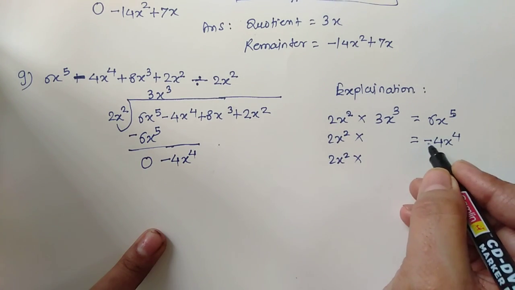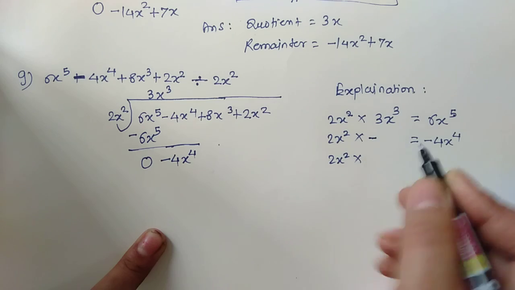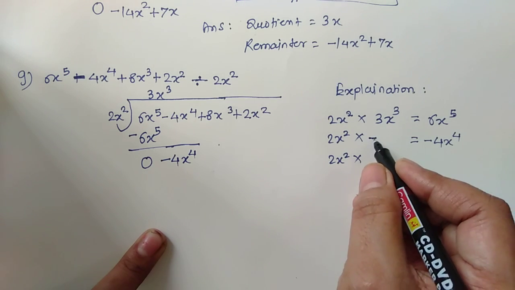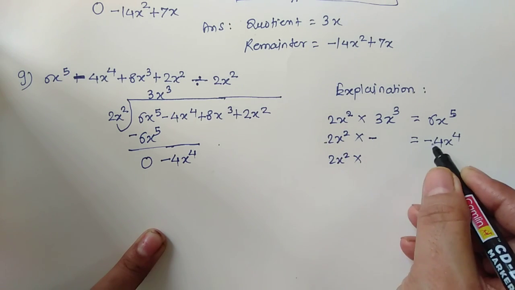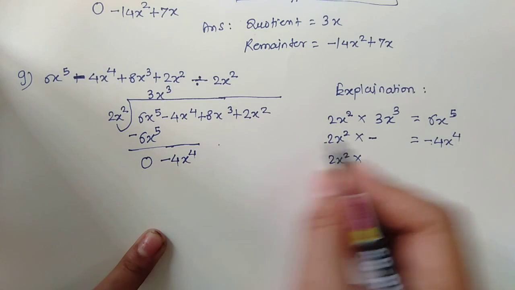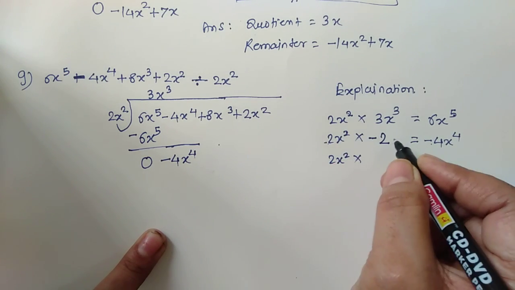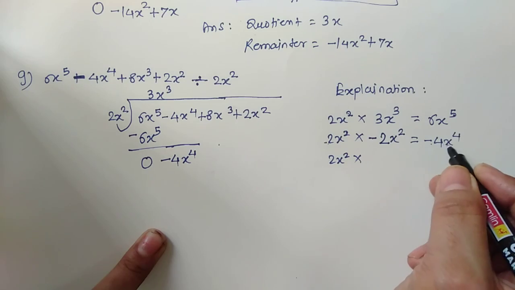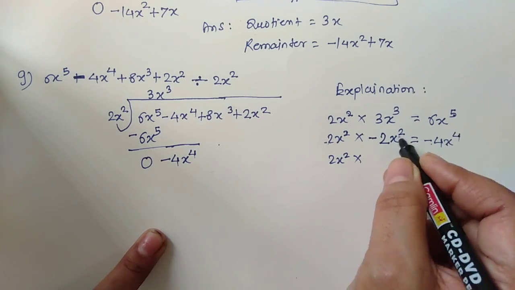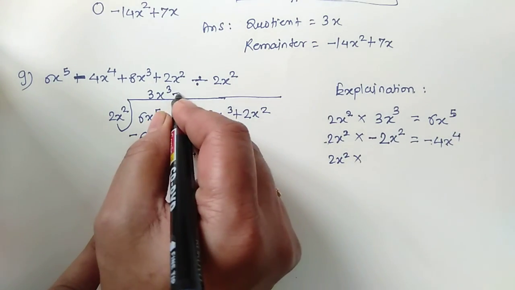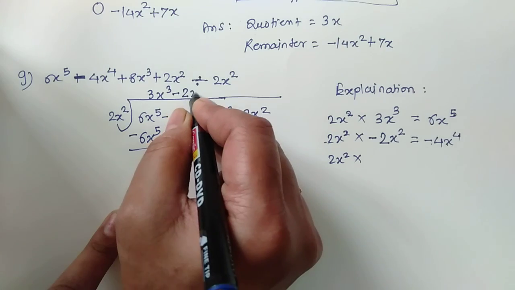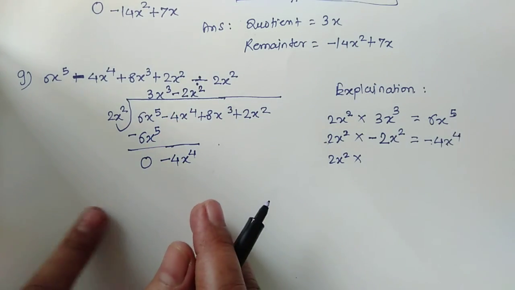The dividend has the negative sign, so our multiplier also has negative sign because negative multiplied by positive is equal to negative. So 2 2s are 4. X square into x square is x raised to 4. So our next term is minus twice x square.